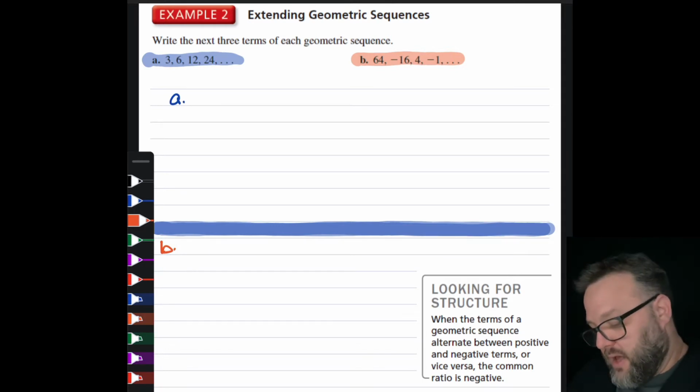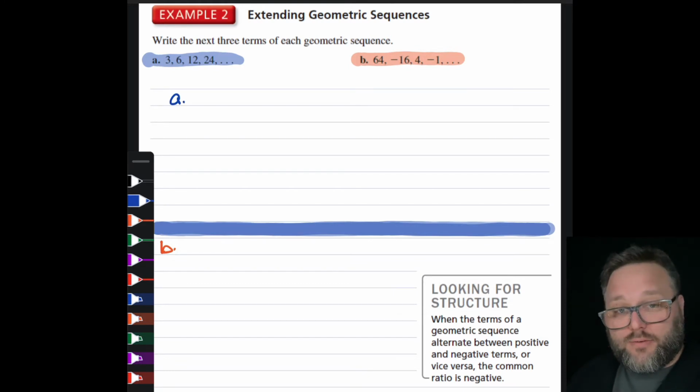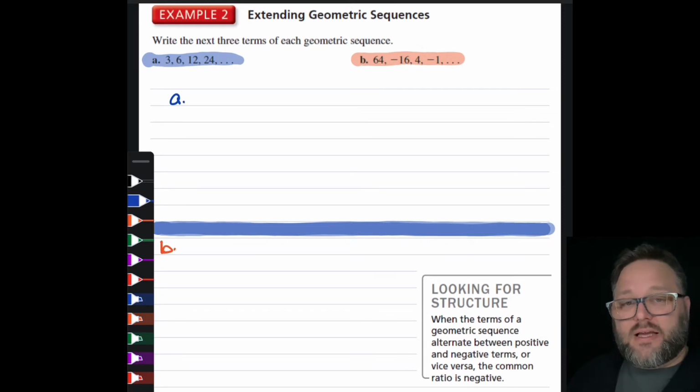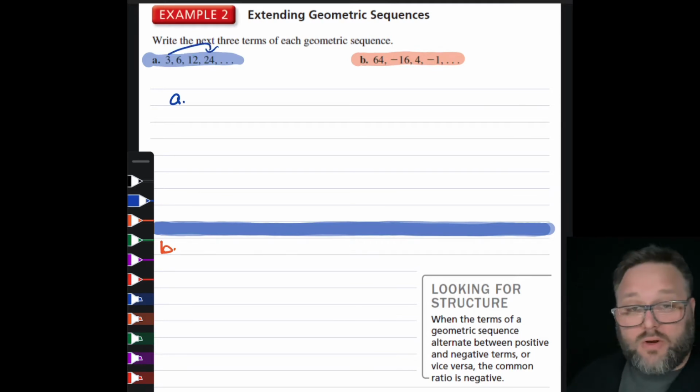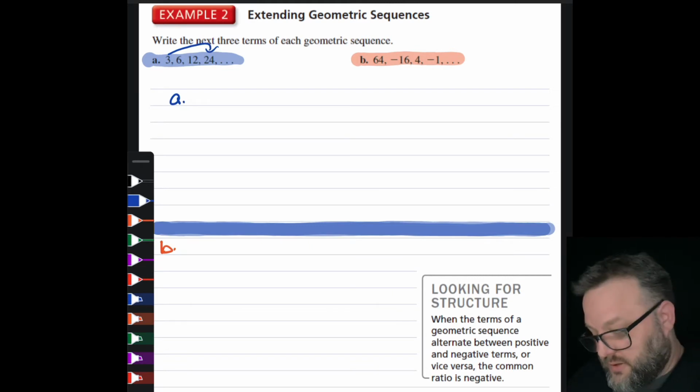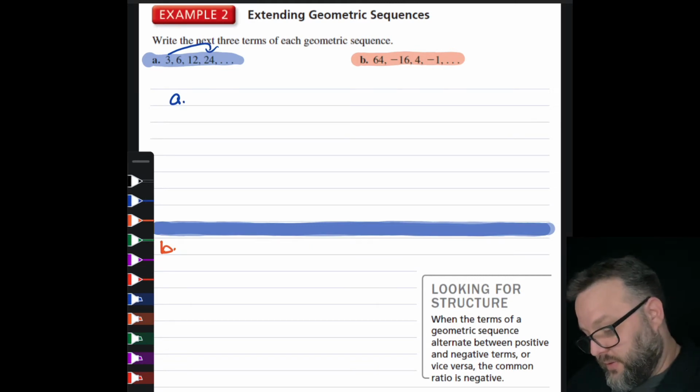Now, with that said, let's talk about A. We're looking at what kind of pattern there is to go from one term to the next consecutive term. In other words, I don't want to jump from 3 to 24. I want to jump from 3 to 6.